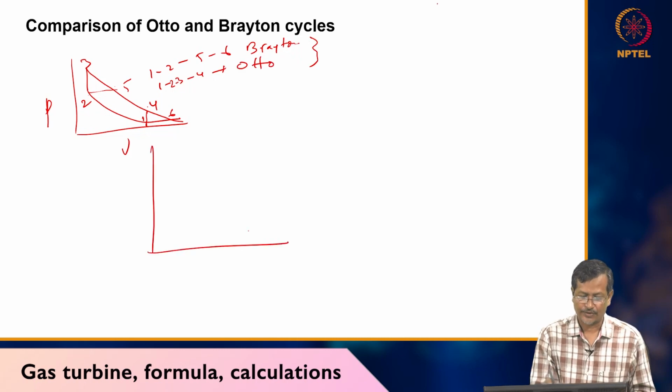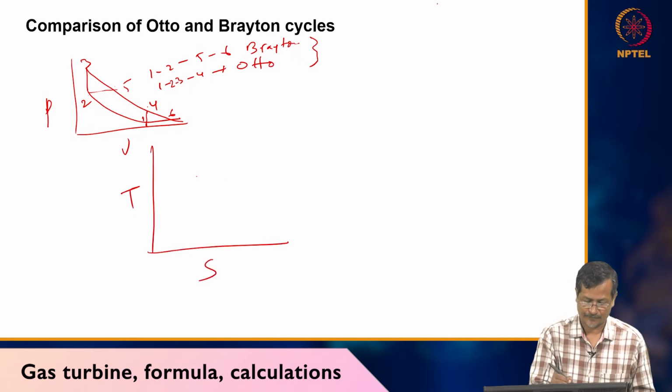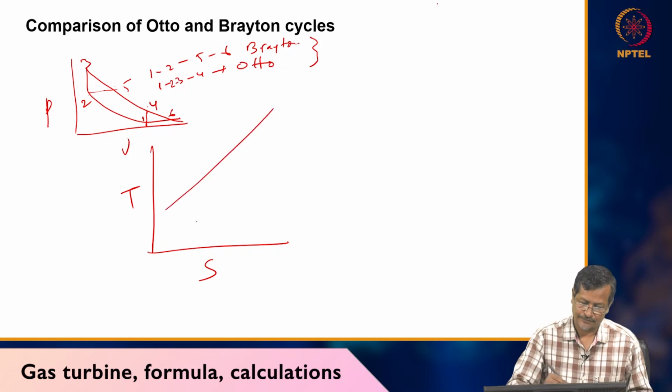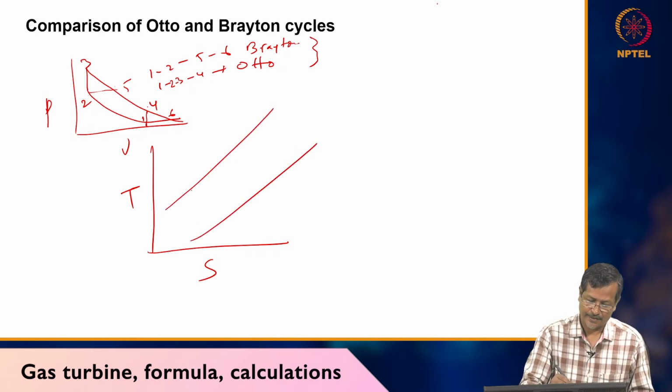I'll draw this one in the TS diagram too. Two constant pressure lines like this, 1 to 2 constant pressure, and 2 to 5 is a constant pressure process.